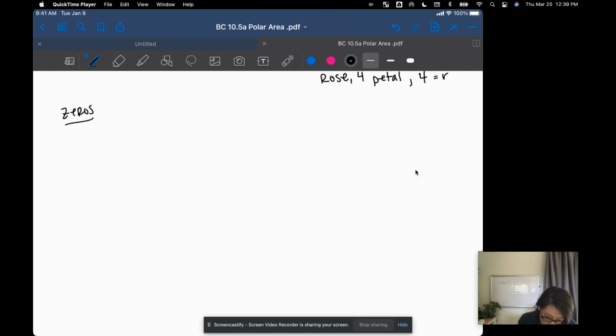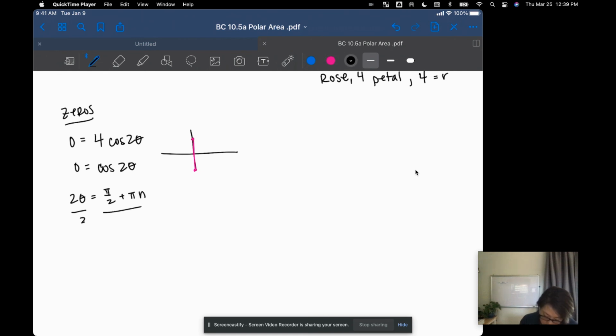Finding my zeros, I'm going to set 0 equal to r, which is 4 cosine 2 theta. Divide by 4 to give me 0 is equal to the cosine of 2 theta. So cosine is equal to 0 when the angle is pi over 2. And since the angles are 180 degrees away from each other, I can just write plus pi n.